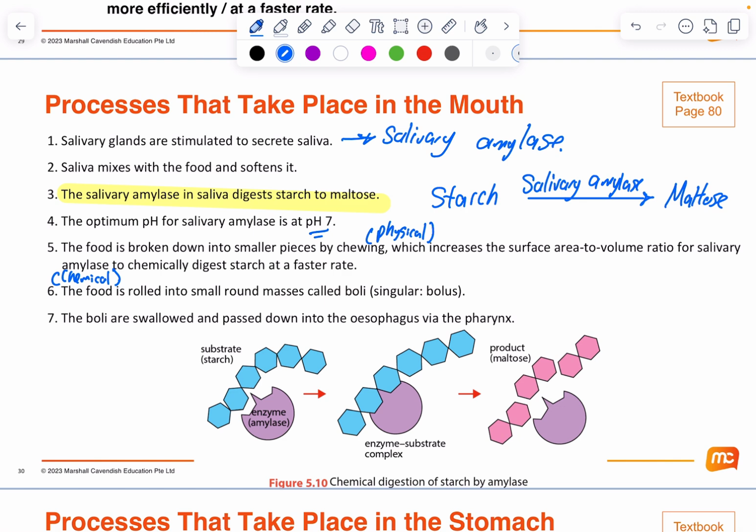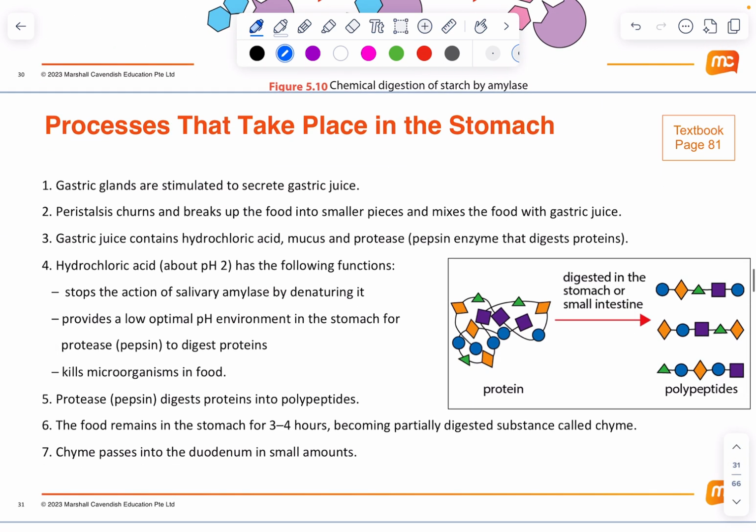In the stomach, you have your gastric glands that contain your enzymes as well as your hydrochloric acid. The gastric juice having the hydrochloric acid performs a few functions. This is a common exam question.